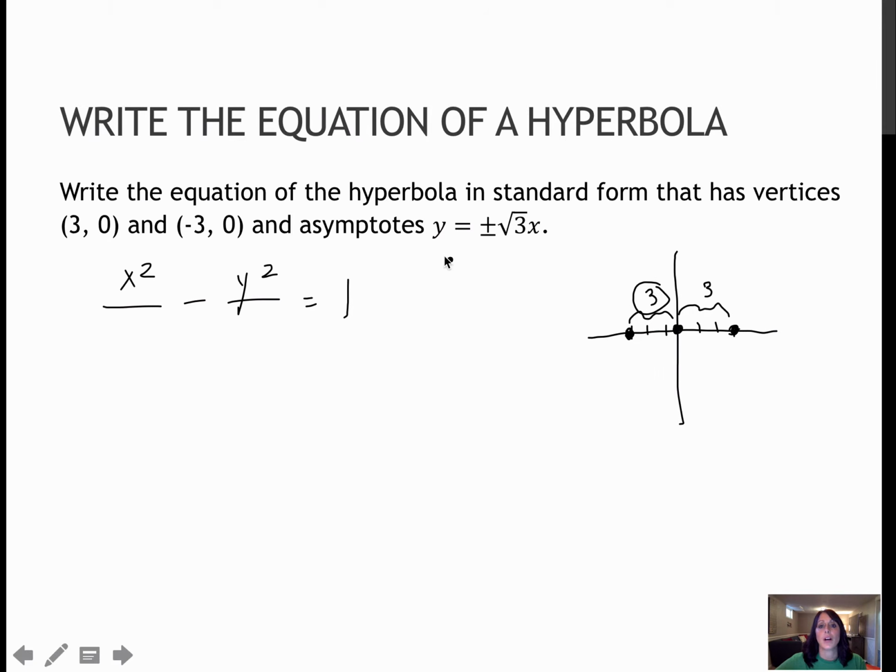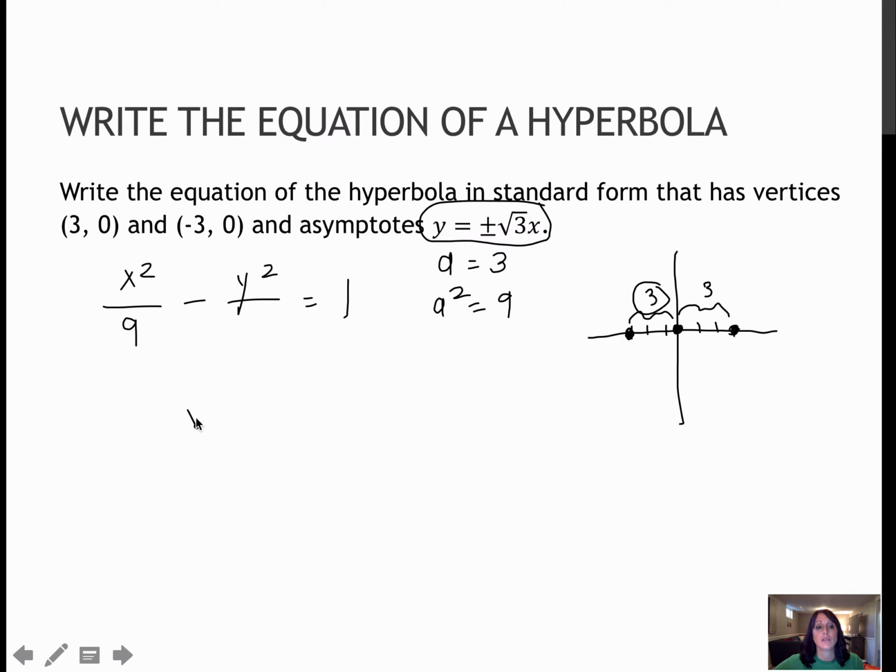This value of 3 is my a, so my a squared is 9. That will go here, again, because we know that the x value comes first. To find the b value, to find what goes here, I have to use the fact that the asymptote is y equals plus or minus radical 3 x.